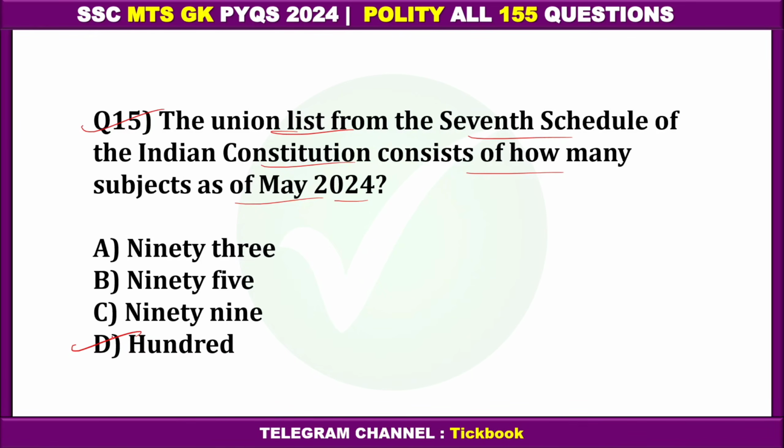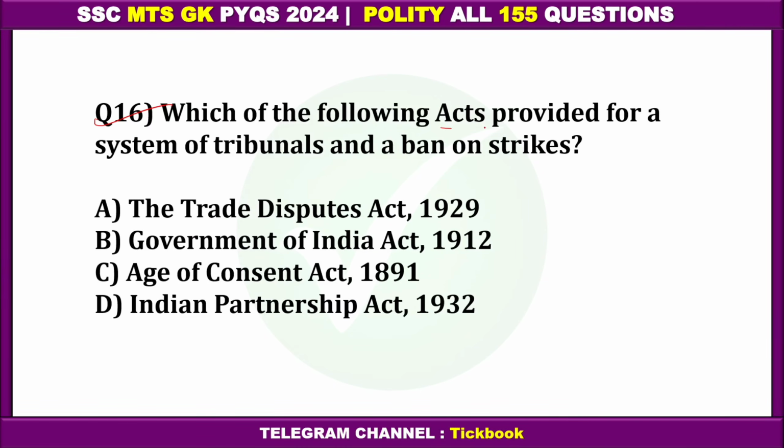Option number D, 100. 16, which of the following acts provided for a system of tribunals and a ban on strikes? Option number A, the Trade Disputes Act 1929.